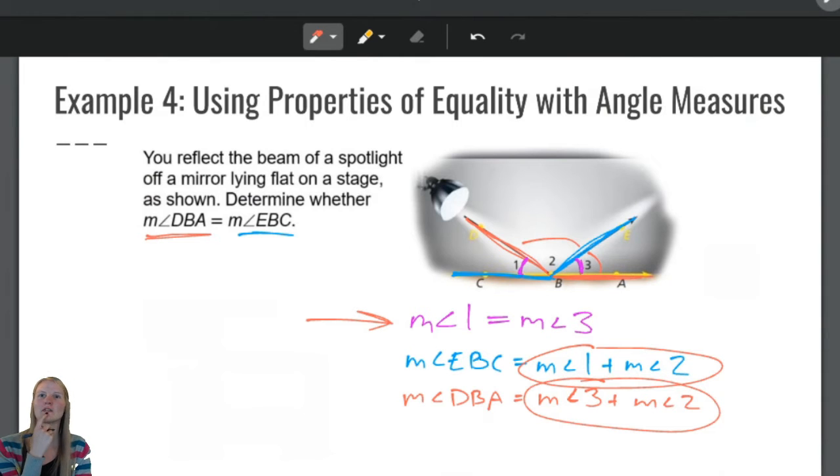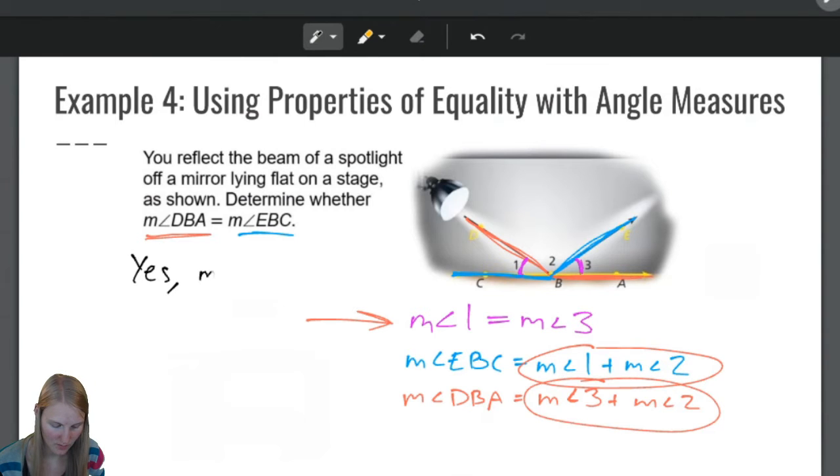So these do have to be the same, because 2 is the same as itself, and 1 and 3 are the same. It makes total sense that these are the same, because 1 and 3 are the same, and you're just adding 2 to both of them. Okay, I think that's what I'm going to write.